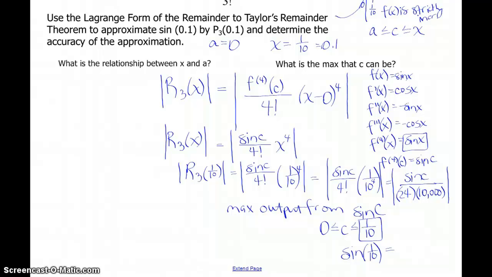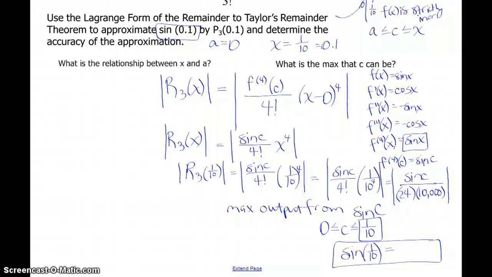And now we're pretending that this is a non-calculator active question. So do you notice anything? Let's look back up here. We want to know the error between the third degree Taylor polynomial at 1/10 and the output of the function at 1/10. Well, frankly, if I could find the output of the function at 1/10, why on earth did I build a polynomial to approximate it? This is really not that helpful.